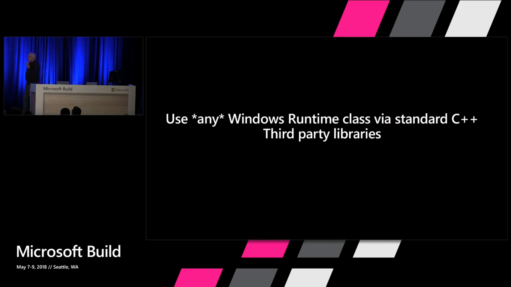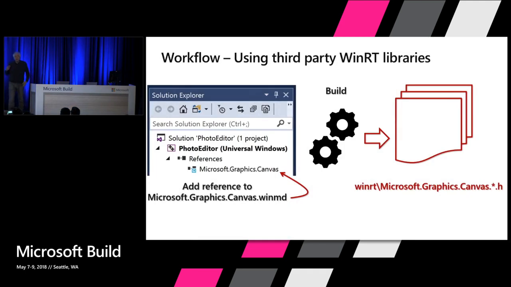All right, so we've talked about using system Windows runtime types like HTTP client or URI. What about ones that you get from third parties? Maybe you get a Telerik control, or maybe you get a WinRT class library from some third party, like the Win2D library that lets you do retained mode graphics nice and efficiently. Well, we support that too.